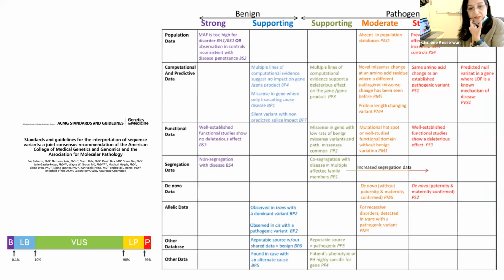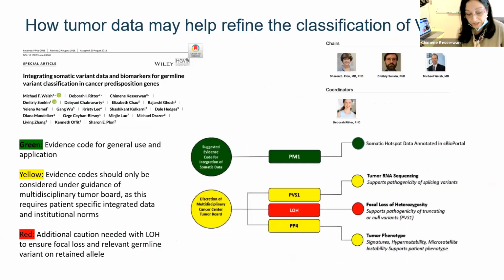But I want to mention here, we are all familiar with the ACMG Richard et al. paper on the rules, guidelines, and recommendations for germline variant curation, and we all are following this guideline.